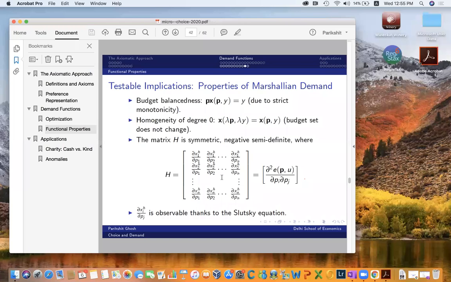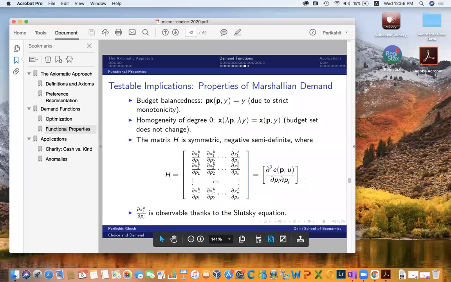Now, I advertised it as a testable implication. I said, okay, I'll show you what the testable implication of the theory is. And now I'm saying, okay, negative semi-definiteness of this matrix, one implication of which is that Hicksian demand functions are downward sloping with respect to the price of the good, not the price of another good, but with respect to the price of the good itself.